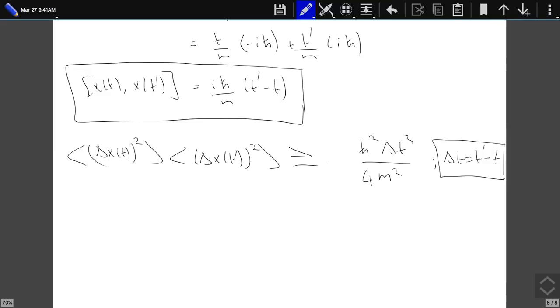So you see, even if you start with a state that is highly localized, let's say at the time t prime, the uncertainty in its position at a later time t will increase with time. So it will not stay localized.